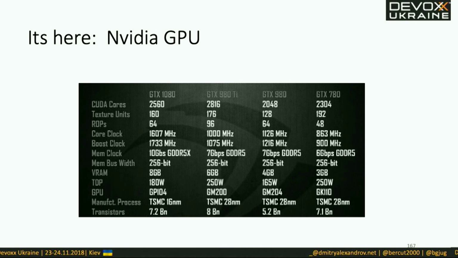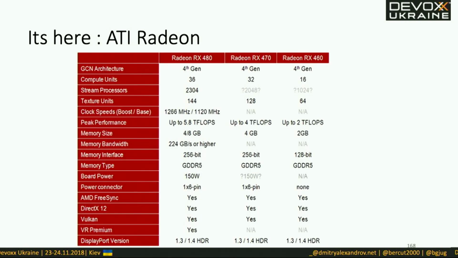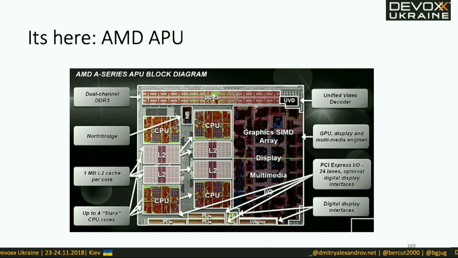You see, for Nvidia, this is now a 1080. You receive 2560 stupid processors, but there are a bunch of them. For AMD, you receive 2300. With AMD APU, there is the idea of combining all these memories which can be used together, where almost half of the processor is an array.